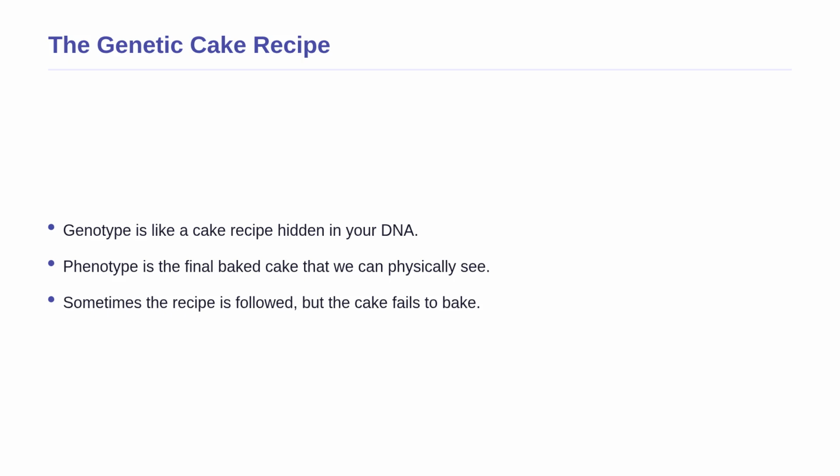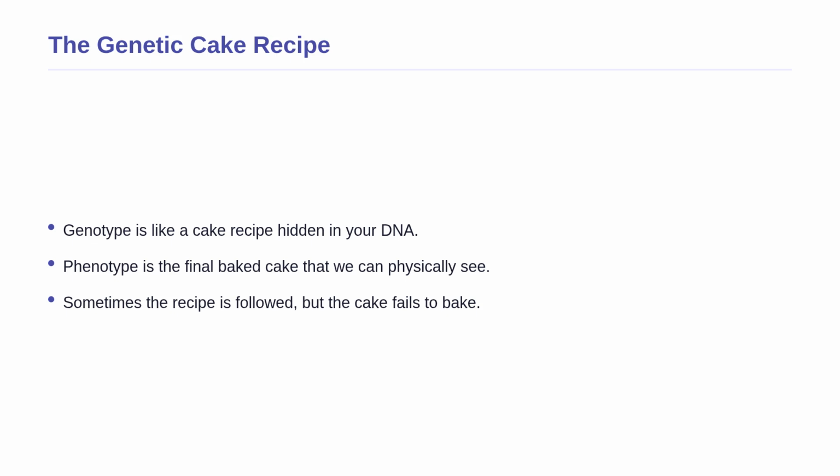To start our journey, let us imagine you and your friends are all using the exact same recipe to bake a chocolate cake. You would expect every single cake to come out looking exactly the same, right? In genetics, this recipe is your DNA, specifically your genotype.